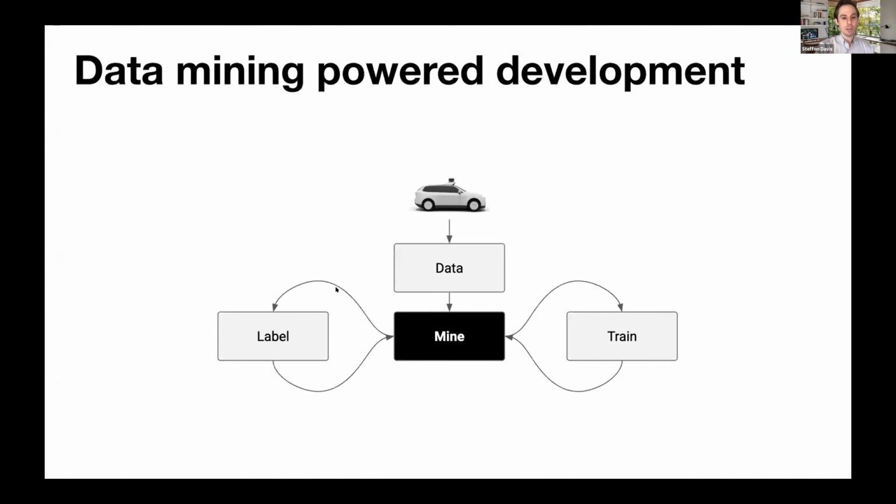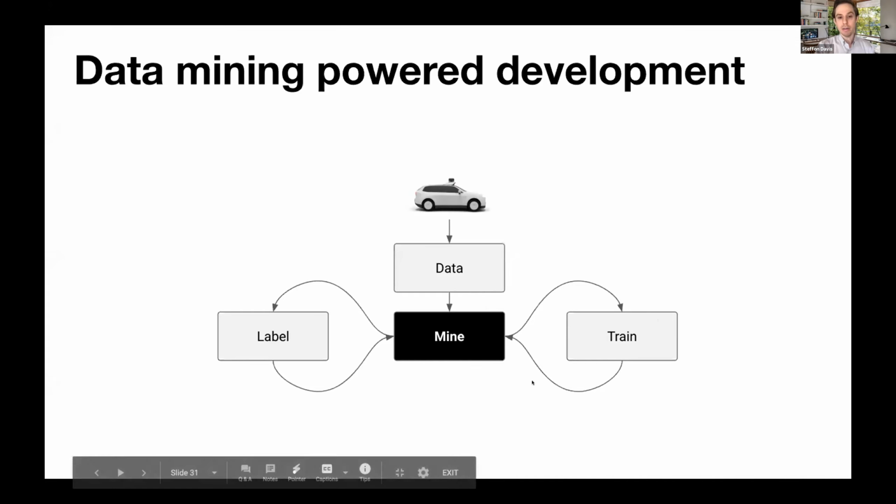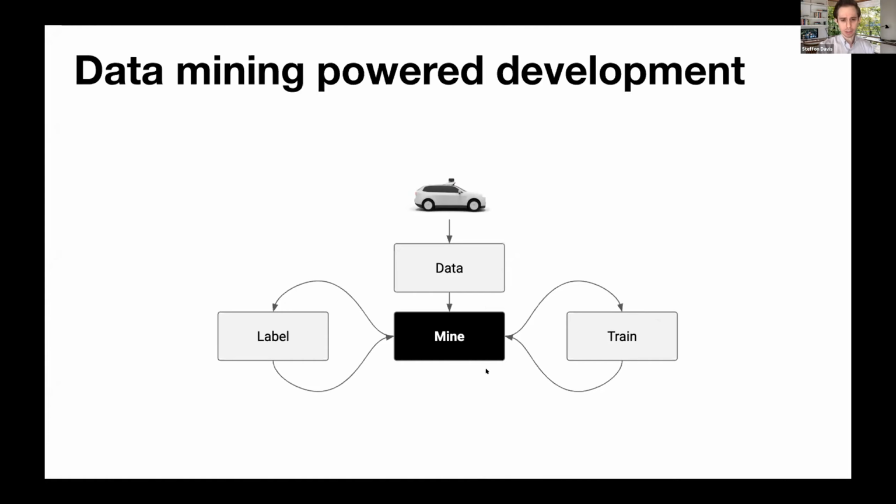Those mined outputs are used to create prioritized labeling queues, and those labeled outputs are then mined again. Those outputs are used to balance the train, test, and validation log sets for model training, and those model trained outputs are then mined again, which then completes the loop. And this loop can continue over and over again with previously collected data and then with new data as it comes in.